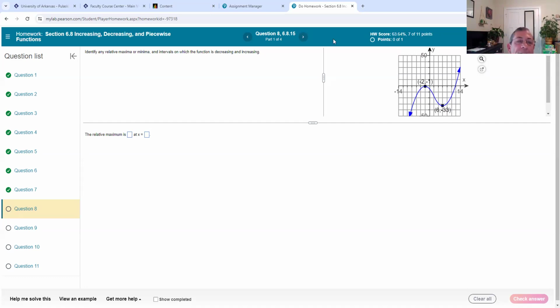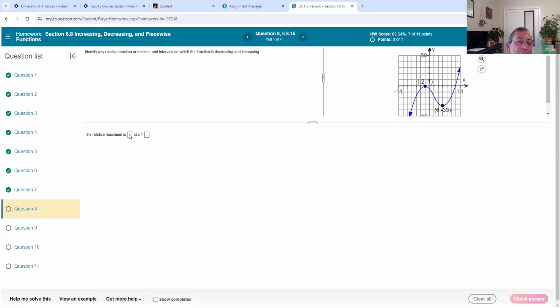All right, y'all, this is going to ask us both of it. So they want the maximum first. Well, the maximum is this first point on the first little hump here where it's going uphill. That's my little maximum for that section. They're giving me the point is -2, -1.